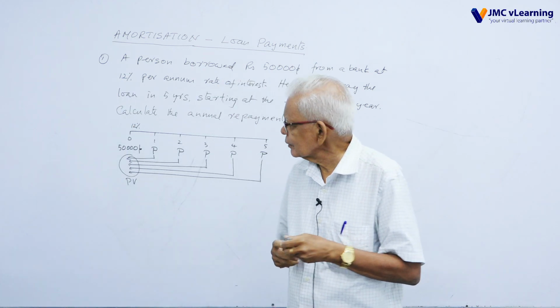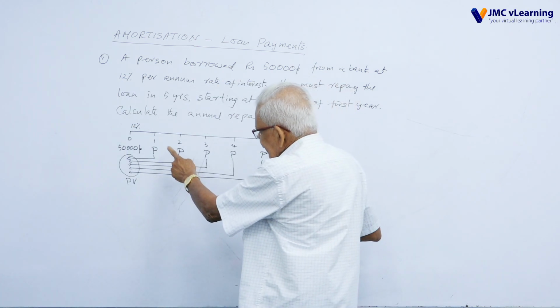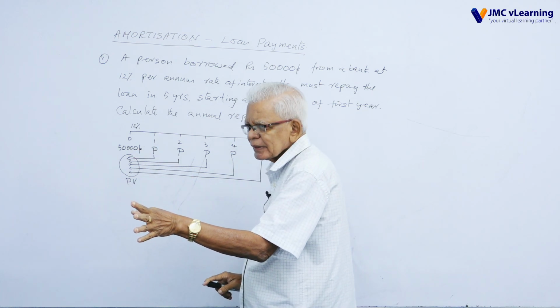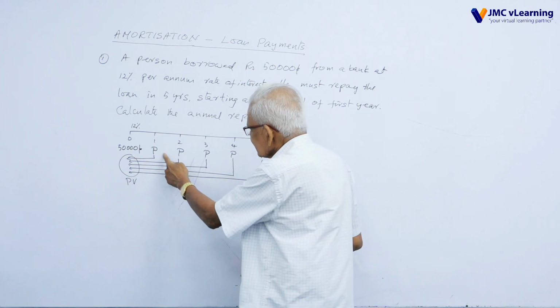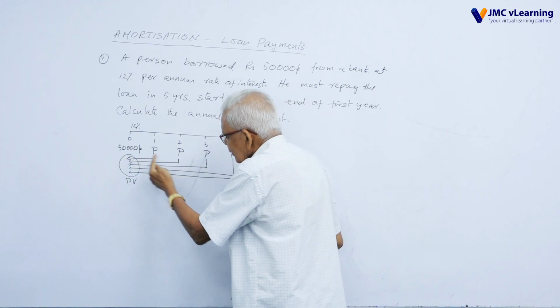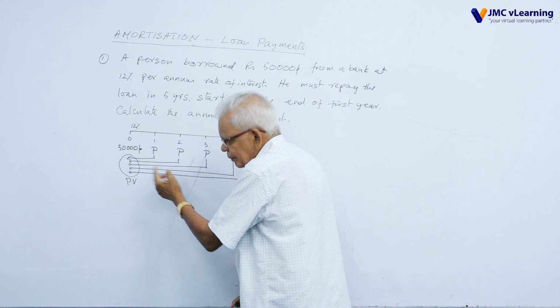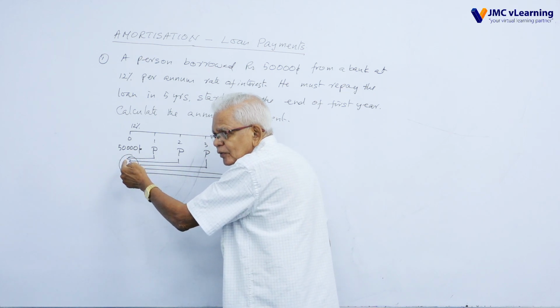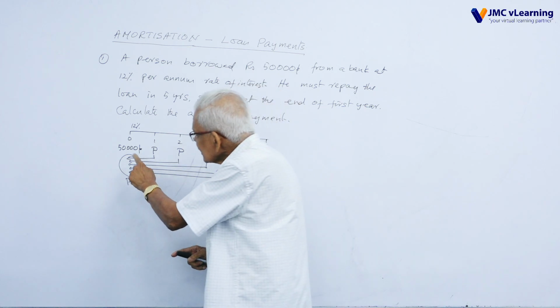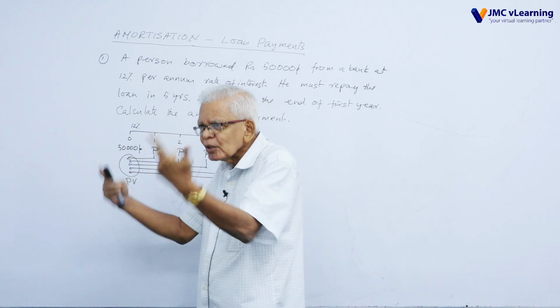Now listen first of all. We are going to find out P. For example, say he is paying 8,000, 8,000, 8,000. The present value of the first 8,000, the present value of the second 8,000, the total present value of his installments, if it is equal to 50,000, he has settled the loan.